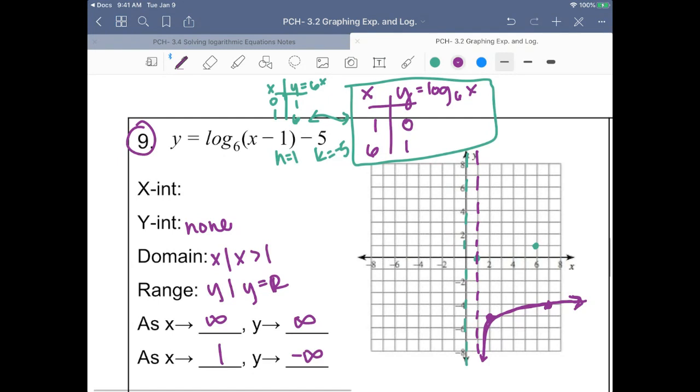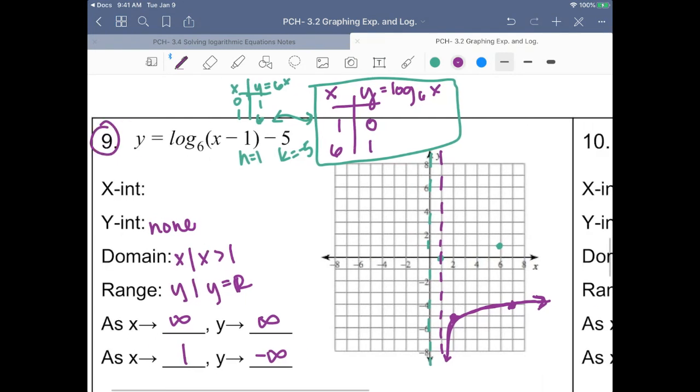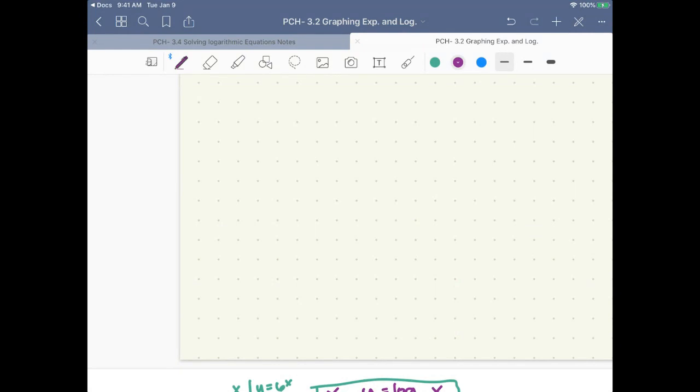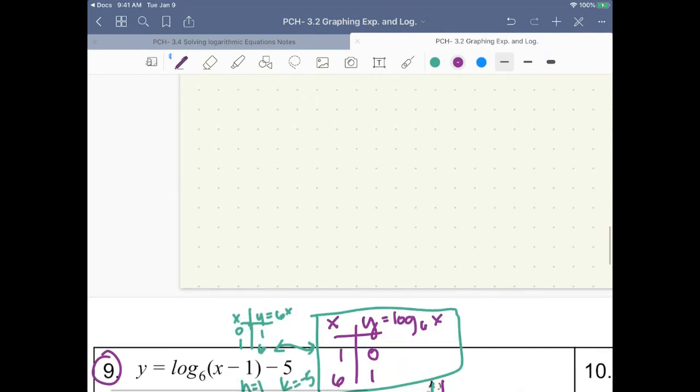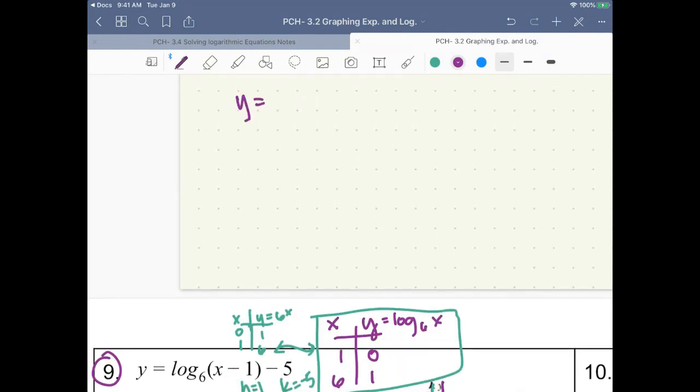Okay, so now we're going to do our x-intercept. I'm going to use this paper here. So we have y is equal to log base 6 of x for an x-intercept. Remember, we're solving when y is equal to 0. So log base 6 of x.